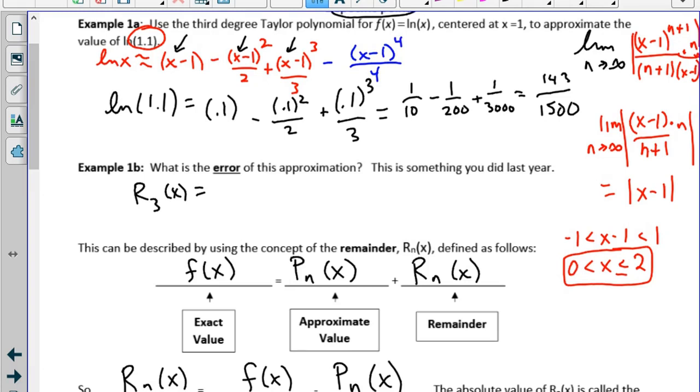Now, the reason why that works is the maximum possible fourth derivative of natural log of x between 1 and 1.1 is 6 over x to the fourth. If I plug in 1, then I get 6. Well, it's actually negative 6, but I'm taking an absolute value essentially.